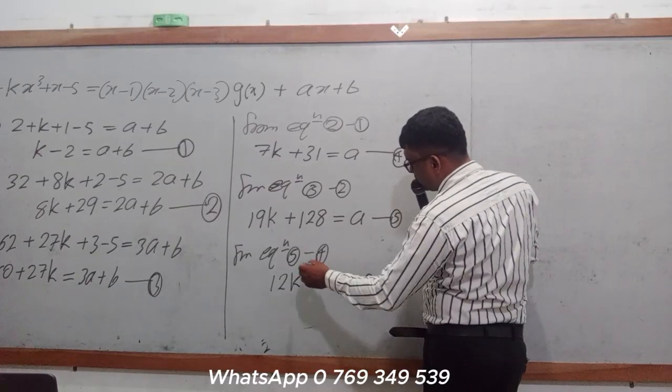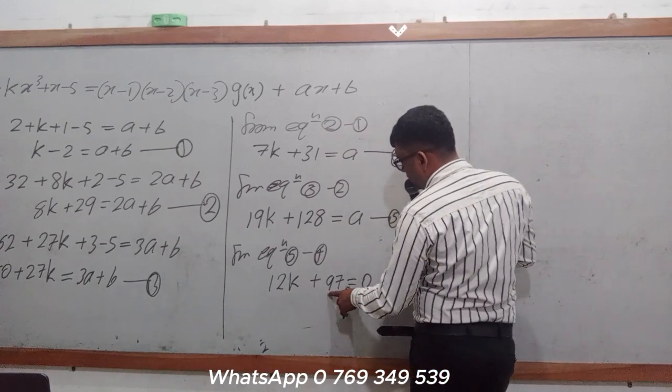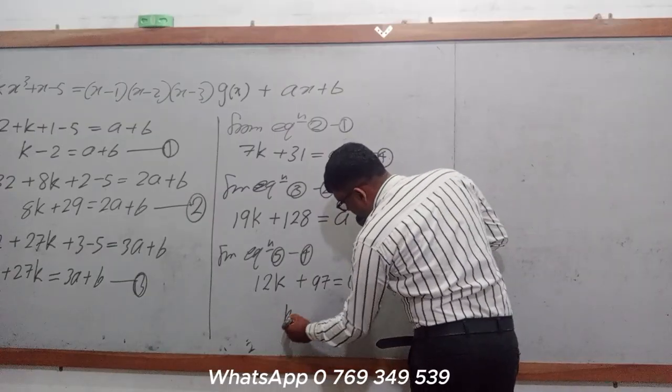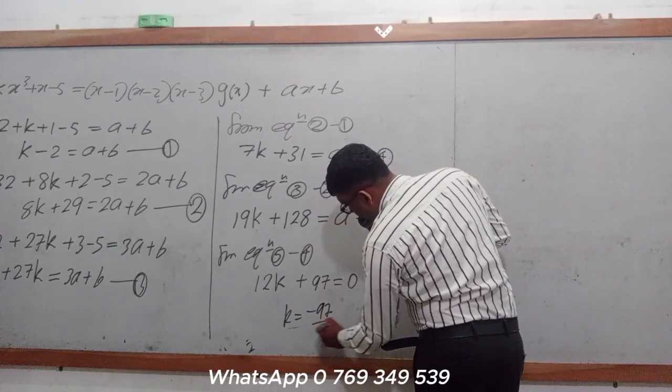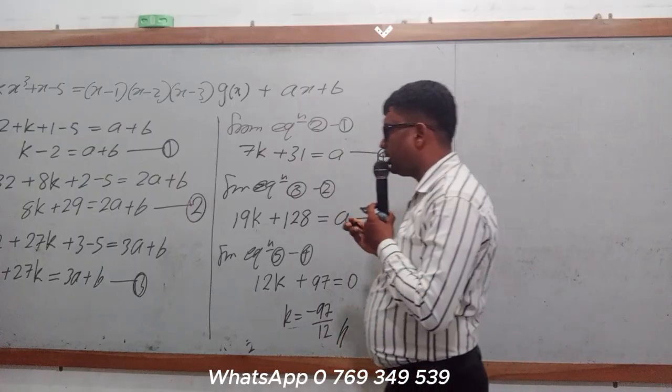Equals 0. Now you can divide 97. No, k is like that, right?